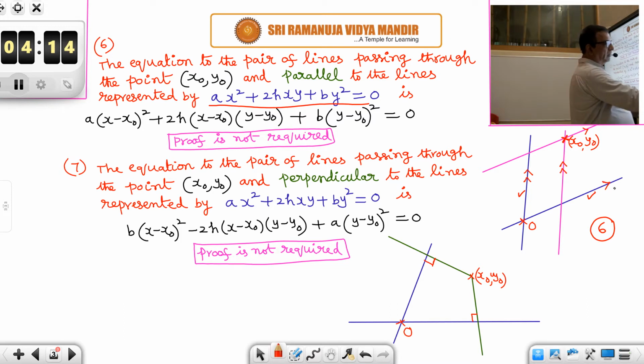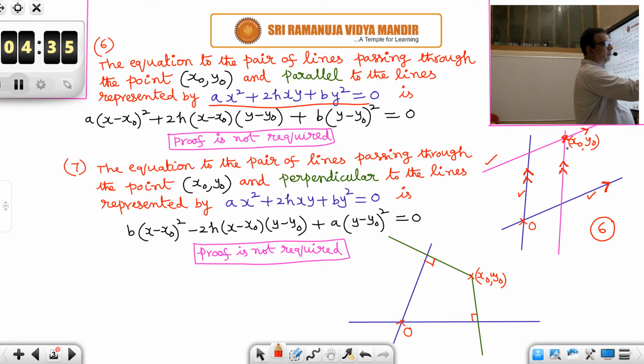Parallel to this single arrow blue line is this single arrow pink line. Similarly, parallel to the double arrow blue line is this pink line with a double arrow.